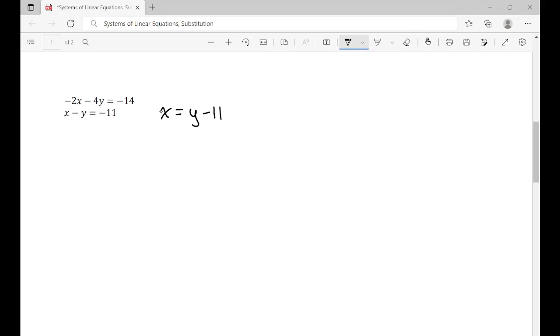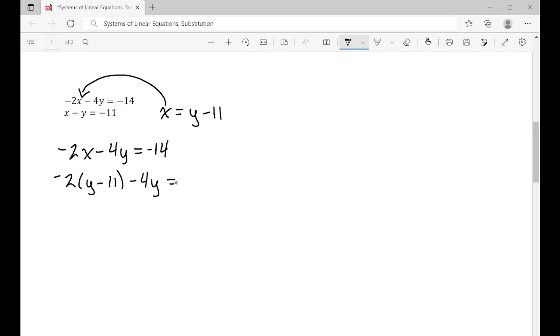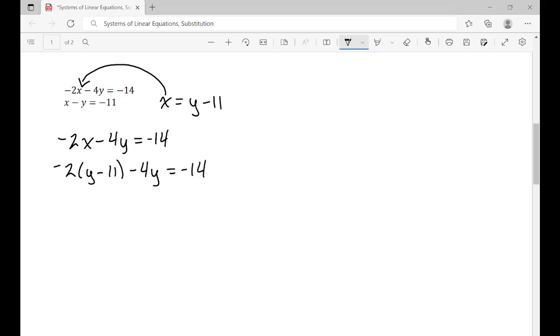So now that I know what x is, which is y minus 11, I'm going to plug it into the first equation, for x here. So negative 2x minus 4y equals negative 14 will become negative 2 times (y minus 11) minus 4y equals negative 14. And now just solve for y.